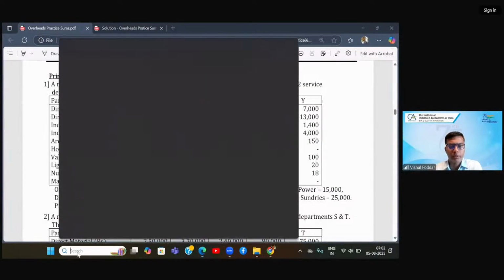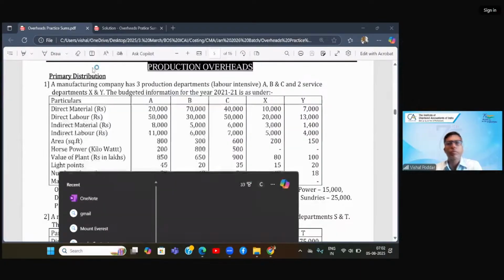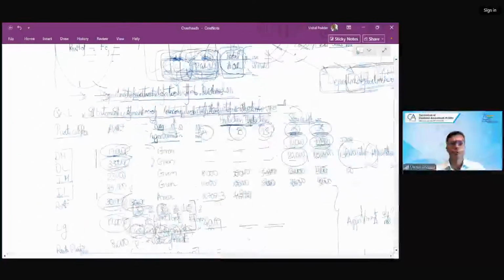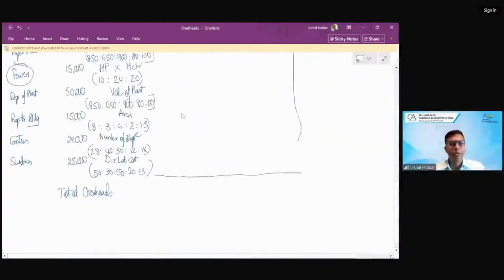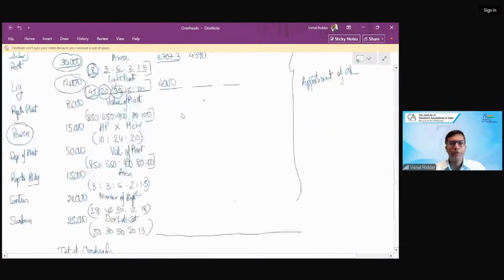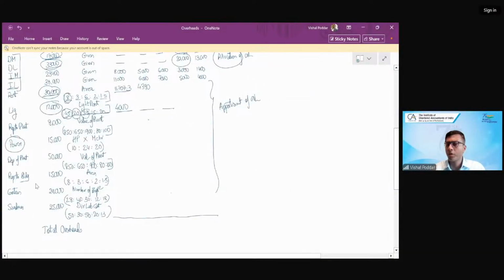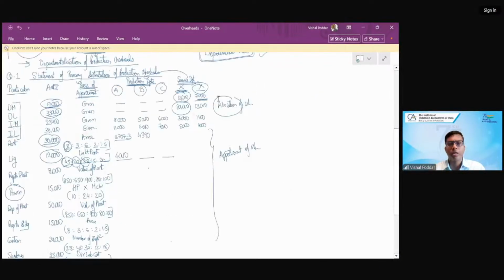Primary distribution was where your overhead expenses are either allocated or apportioned between all the various departments in your factory. And this whole process is called departmentalization of overheads in the theory part.